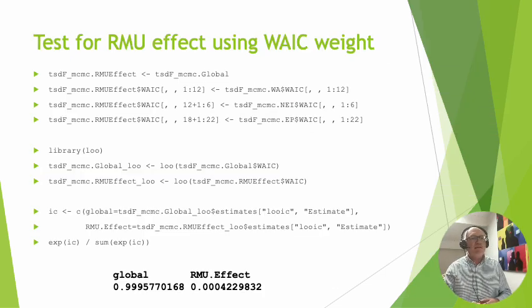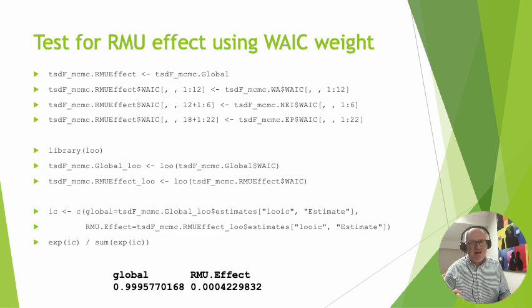Okay, I let you check this in case you need it, but we will just see the results at the end. The conclusion is that a global model is the best solution in 99% of the cases.